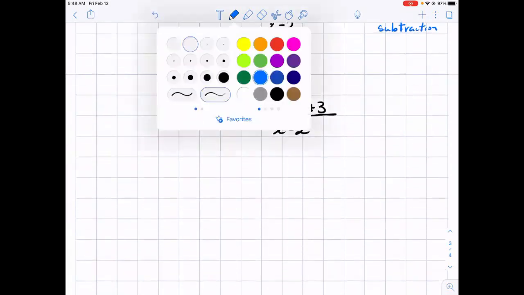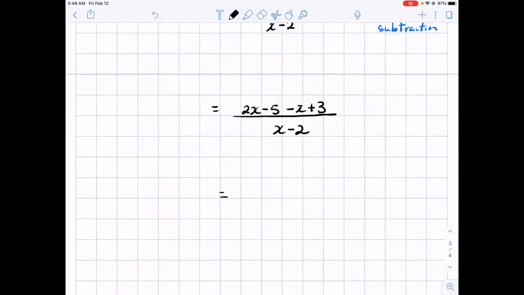Now, combining like terms. Remember, the denominator does not change. So if we combine 2x minus x, that will leave you with x. And then we have minus 5 plus 3. That will leave you with negative 2.